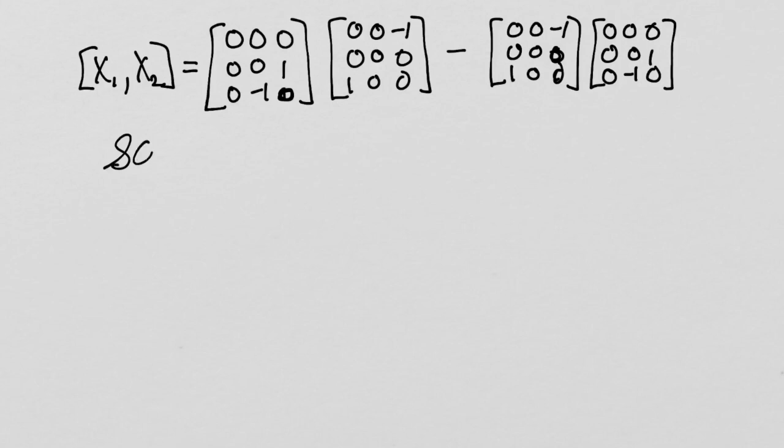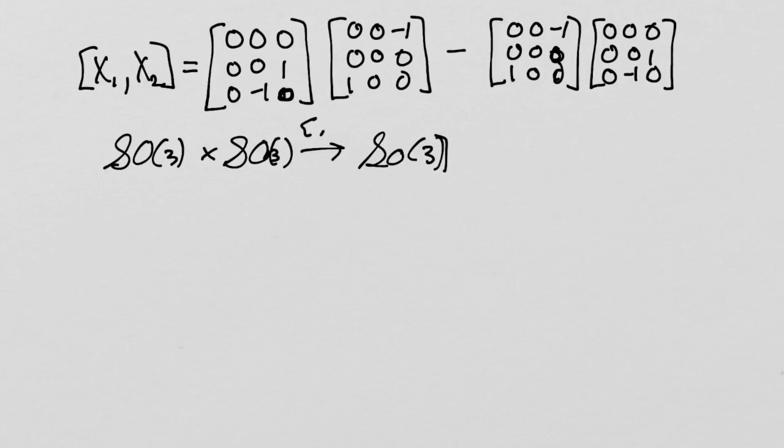I guess I'd write it as SO3 Cartesian product SO3 to SO3, where this mapping is the Lie bracket. The Lie algebra knows about the Lie bracket, but what goes on inside this Lie bracket stays inside the Lie bracket, right? It's encapsulated in the Lie bracket, and it's just part of the mapping. So that's an interesting thing that has been brought up a couple of times in the comments, so I wanted to make sure I mentioned it.